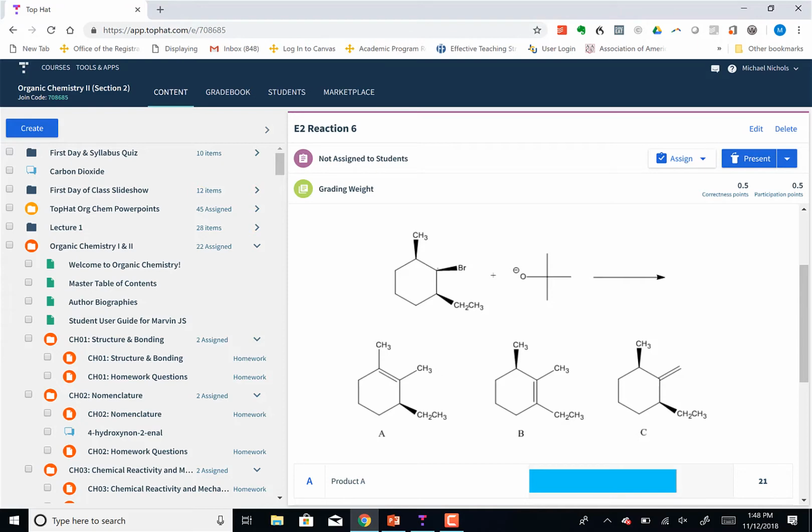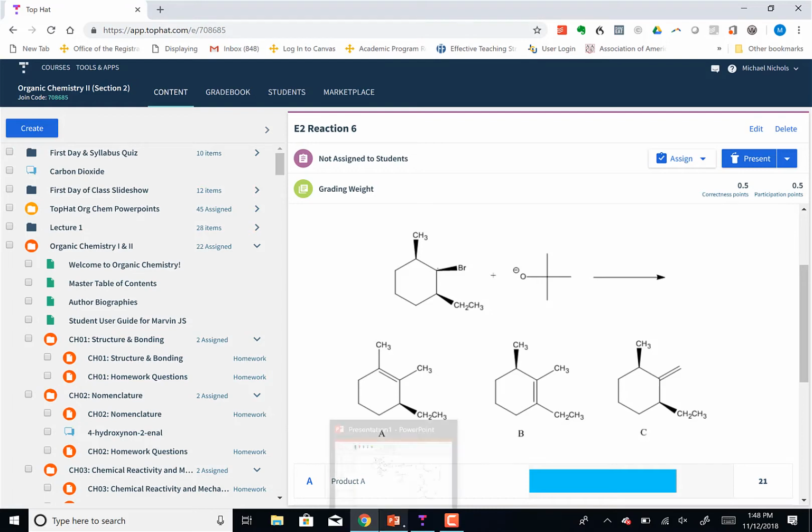This one's tertiary and that one's tertiary, so they're both tertiary. You're right. But they're both tertiary, but the methyl group's smaller than the ethyl group.